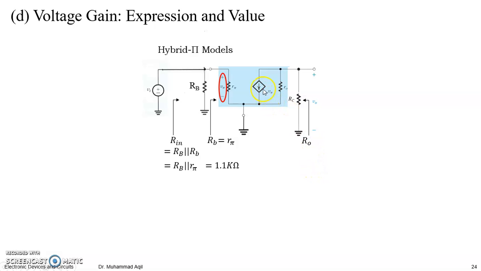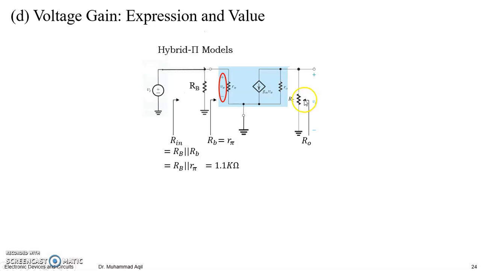Also, the collector current depends on this voltage. Once you have found it, you can multiply it with the gm and get your collector current, right? But this collector current is flowing through which resistances? It's actually flowing through the combination of all the resistances here. You can see R0 and RC are parallel. If you want to name it with the terminal, you name it R out, right?